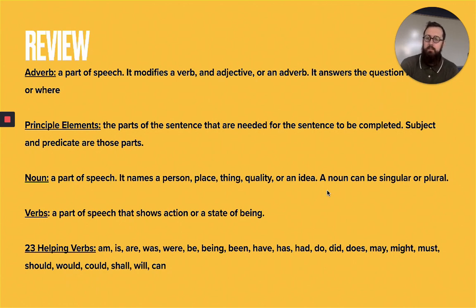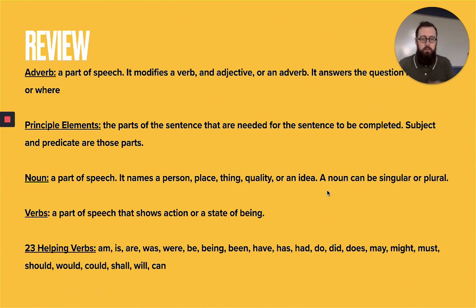And a verb is a part of speech that shows action or a state of being. And we have 23 helping verbs. I review these every single time because the quicker you have them memorized, the easier it is to analyze and diagram sentences, because when you see that word, you automatically know that's a helping verb.